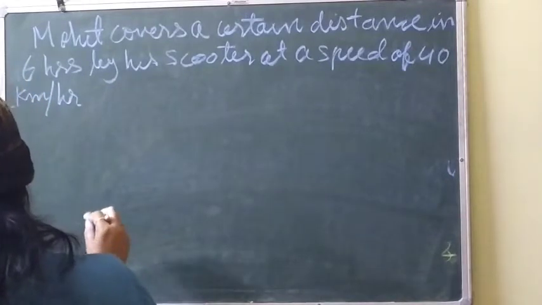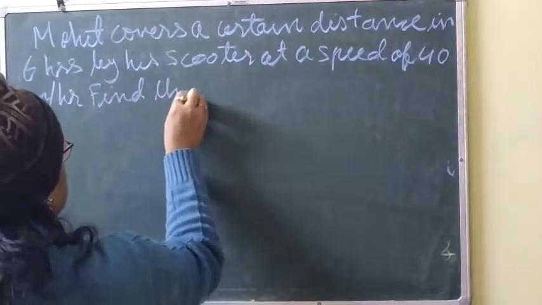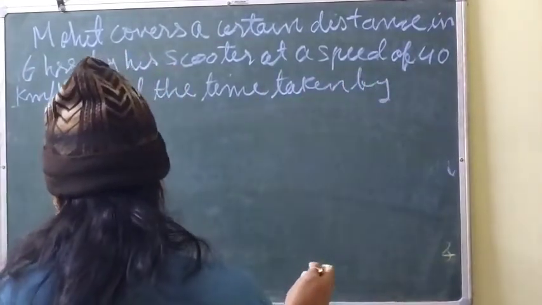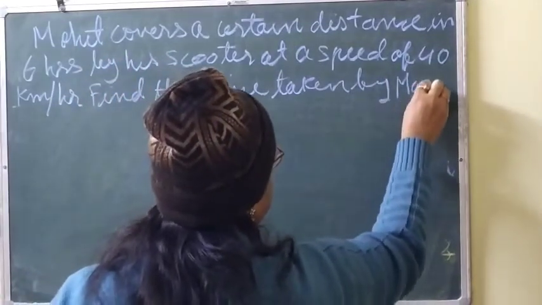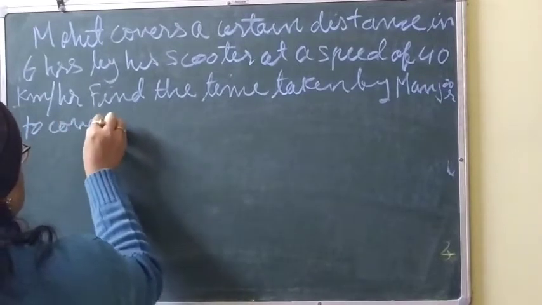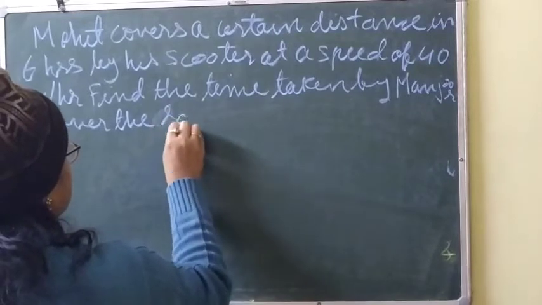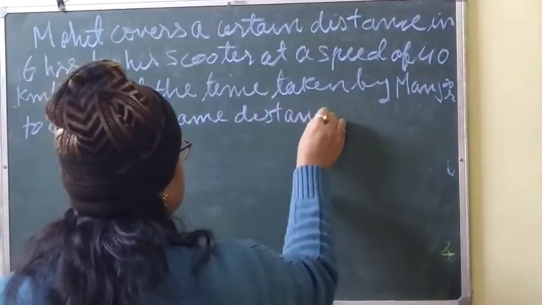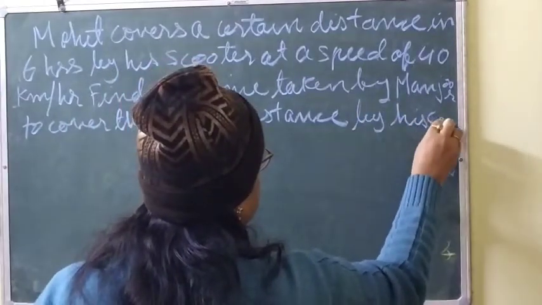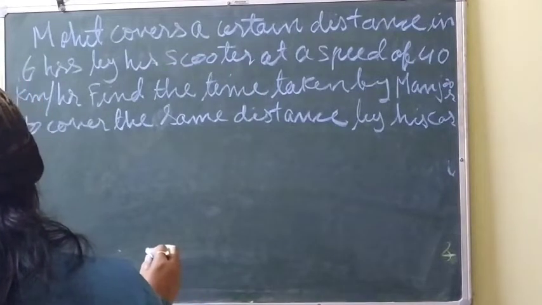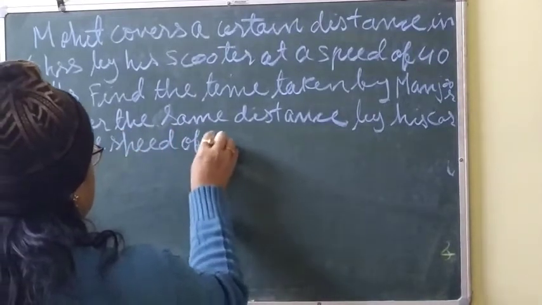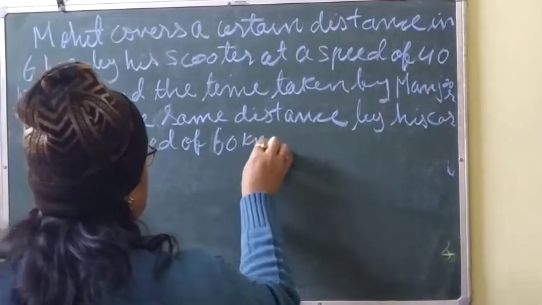Find the time taken by Manzoor to cover the same distance by his car at the speed of 60 km per hour.